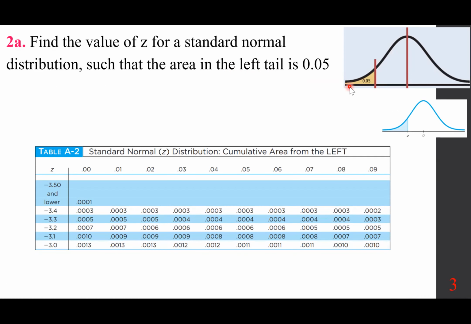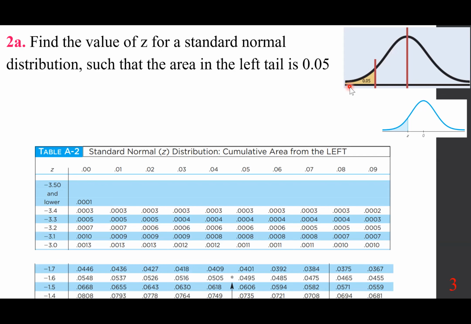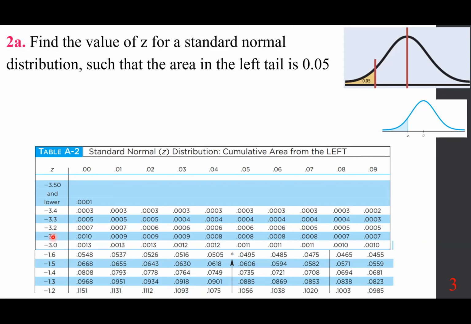Here's the table of normal distribution. It looks something like this, and we want this to be 0.05.